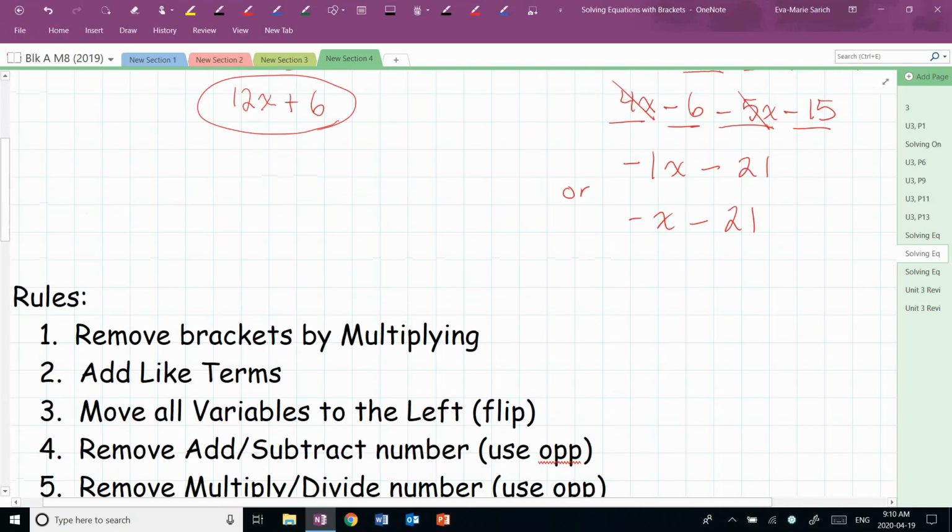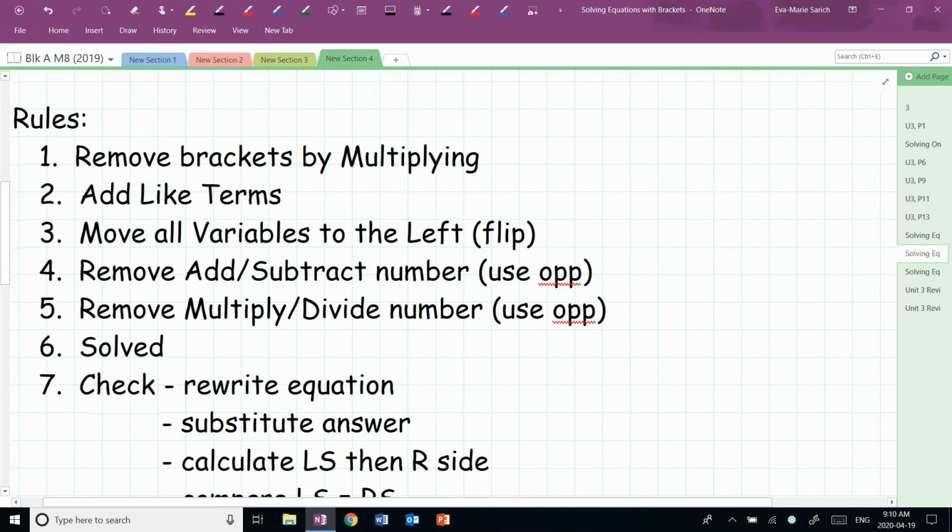Okay, so I want to go back and just review all of the rules with you. If we look at an equation, the first thing, doesn't matter what equation you're going to have, you want to remove any brackets. And you do that simply by multiplying, just like we practiced.